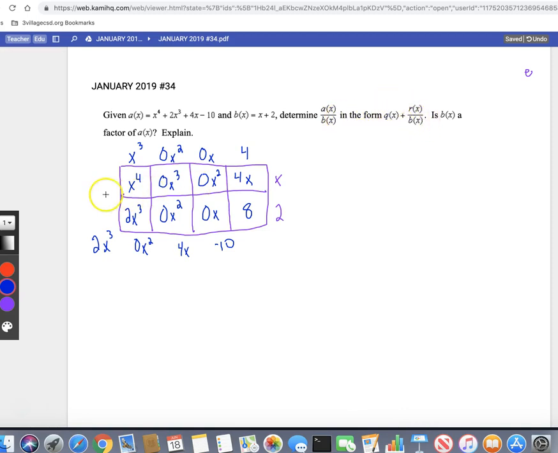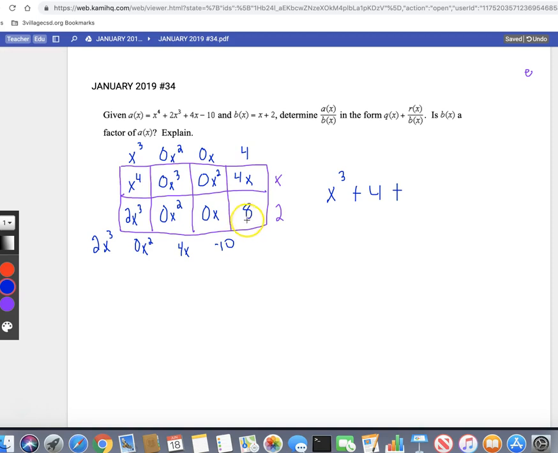The q of x is what we have above our table, which is simply x cubed plus 4. If you wrote plus 0x squared plus 0x in there, that's fine, but it just simplifies down to x cubed plus 4. And then for the rest of our answer, the r of x represents the remainder in our problem. And remember, since these numbers are not the same, there is a remainder.